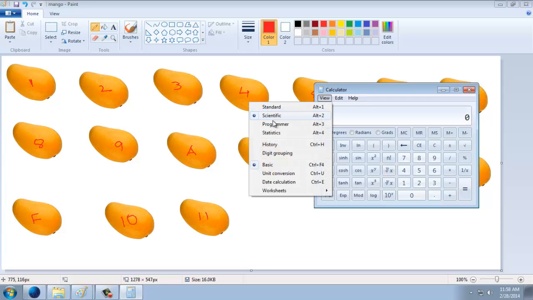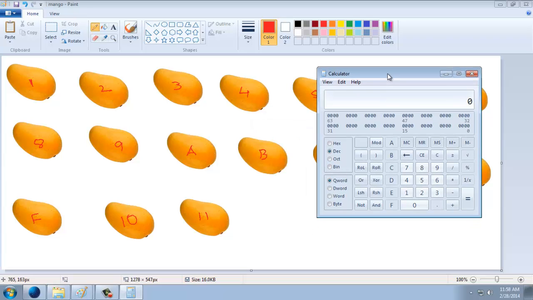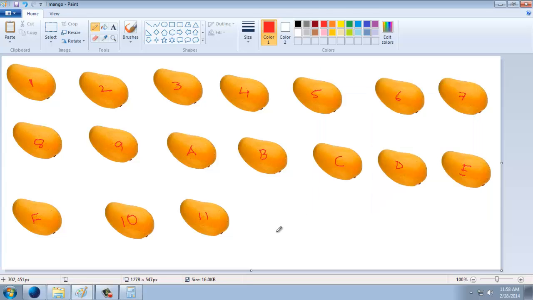Go to programmer mode. Okay, decimal. Which number? 16. If you convert it into hexadecimal, you can see it is 10. Decimal, the number 17. If you convert it into hexadecimal, it is 11. So it goes like that.